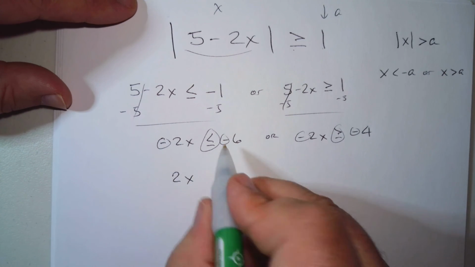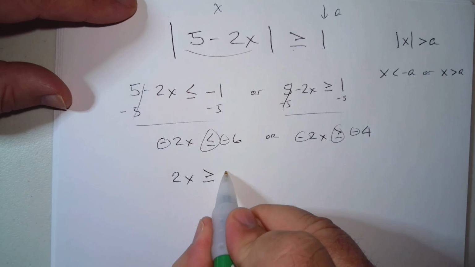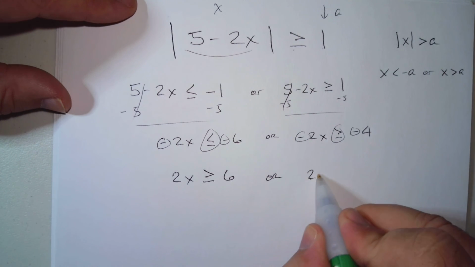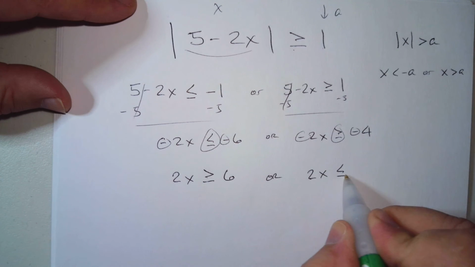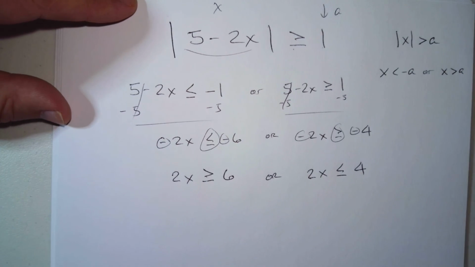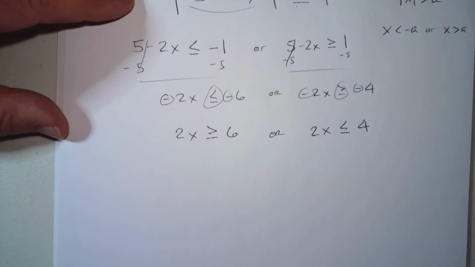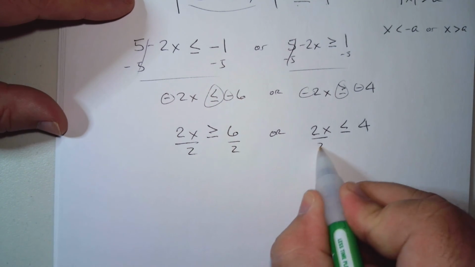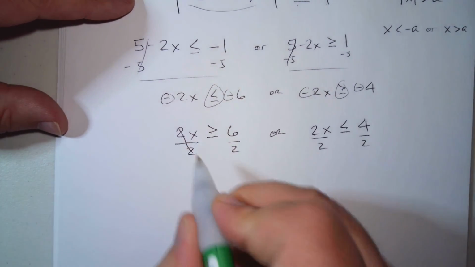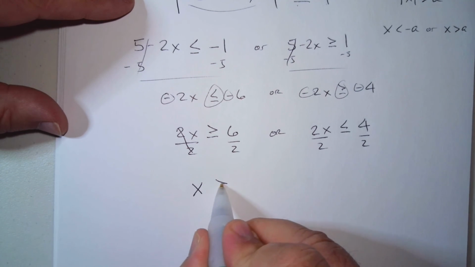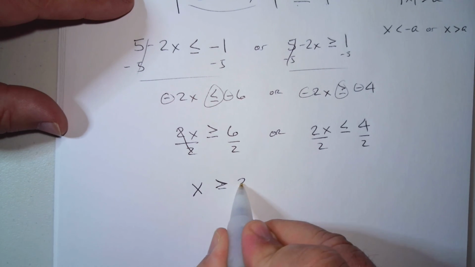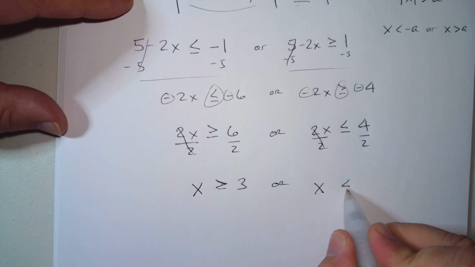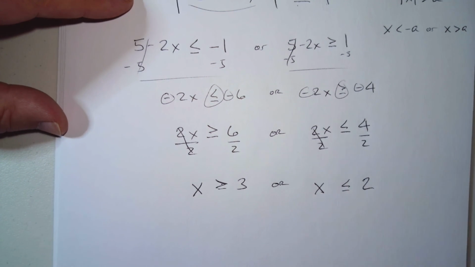So positive 2x, that changes direction, positive 6. Positive 2x, change the sign to positive 4. Divided by 2. X is greater than or equal to 6 divided by 2, which is 3. Or x is less than or equal to 2.